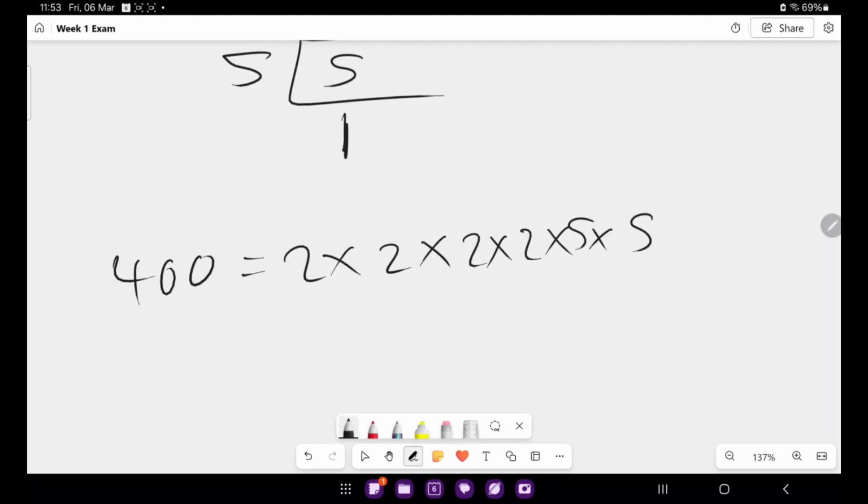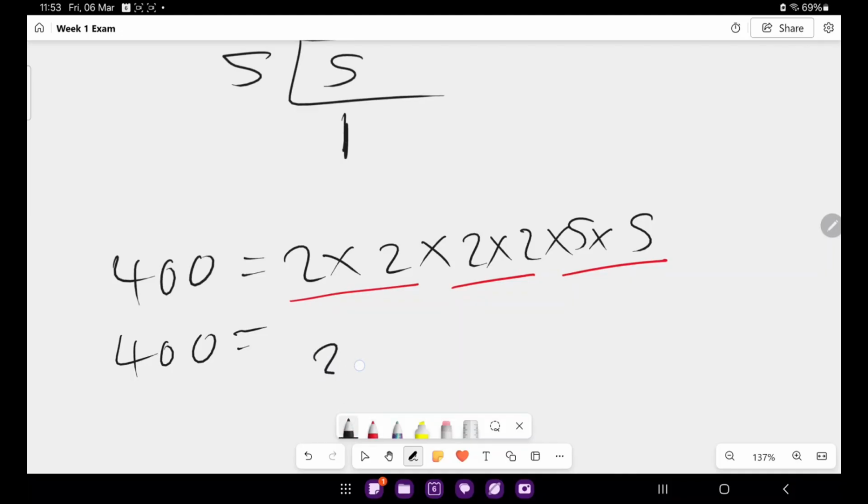Okay, so now what we do, we group into pairs. Make sure, because we are dealing with square root, we have to put them into pairs. So we're putting this into pairs, this into pairs, and this into pairs.